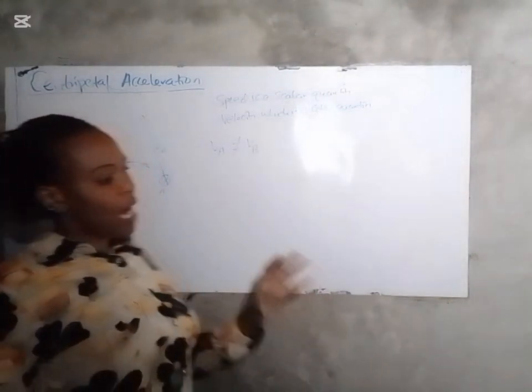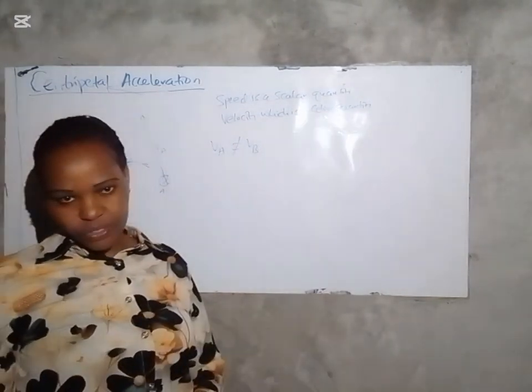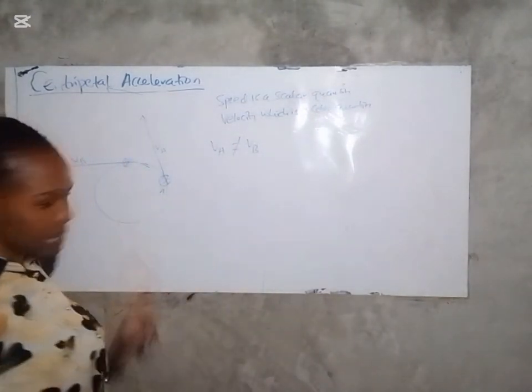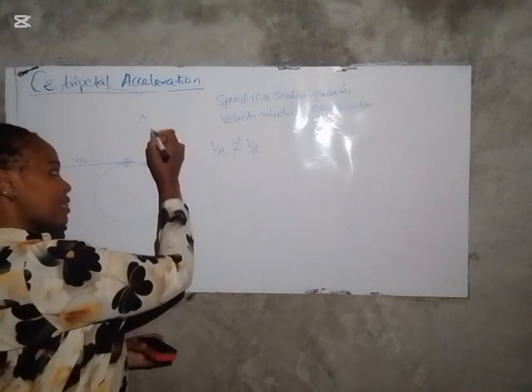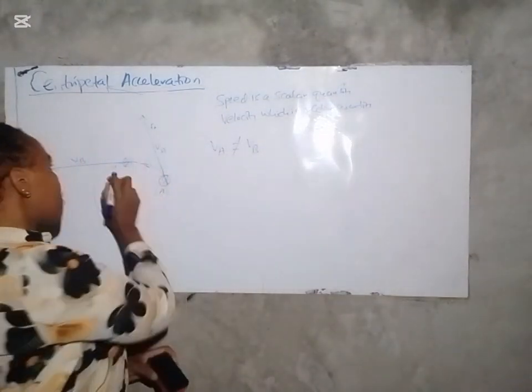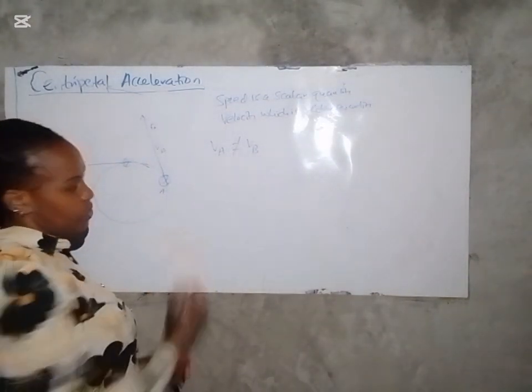A body cannot change its direction if there is no applied force. Now the question is, what is the direction of the applied force? For a body to move in direction A, the force is in that direction, VA. For a body to move in direction B, there has to be force in the VB direction.